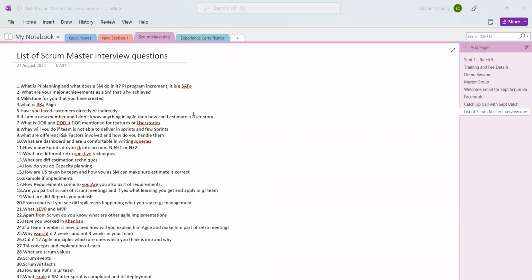On the achievements front, you can talk about anything that you think you have achieved as an SM. To put it in a simple way, as a beginner, you talk about reduced spillovers and a more organized team compared to earlier.